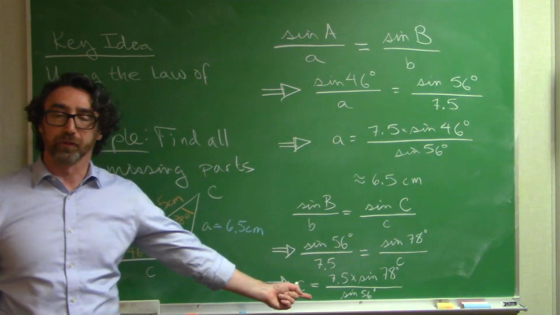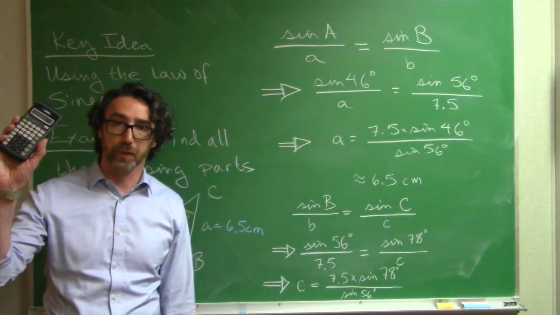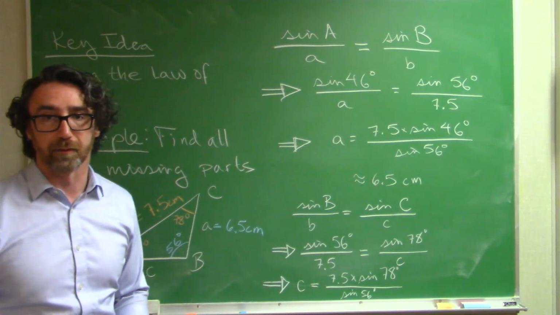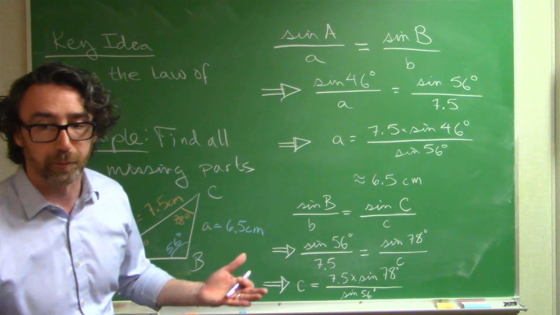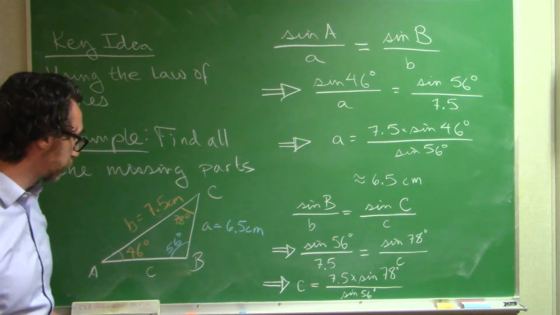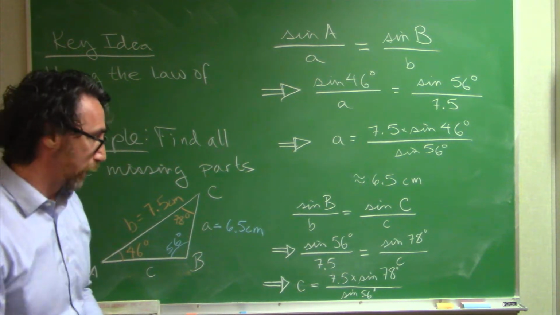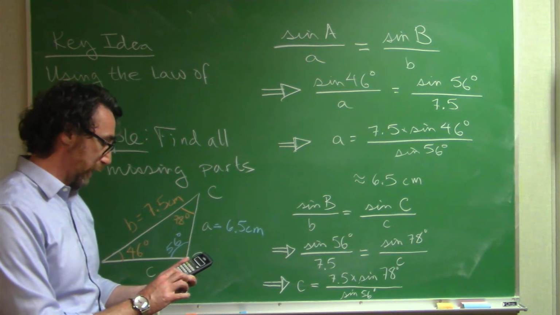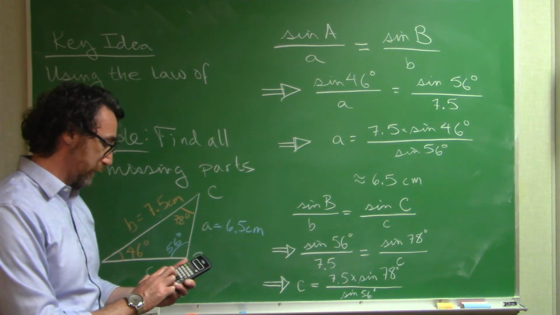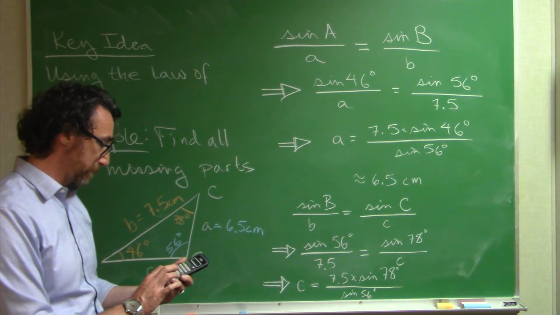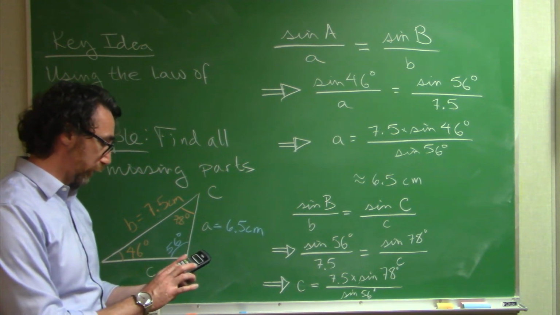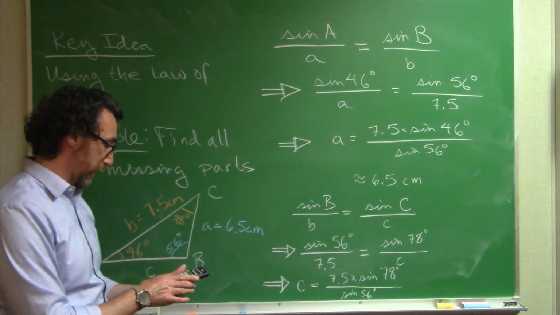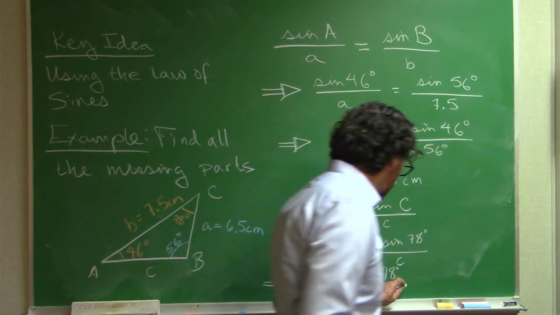And now that we've got this expression, we just crunch the numbers on our calculator and we figure out the length of side C. And then we've got all the parts. What the heck, let me just go ahead and finish it off for giggles. 7.5 times 78 sine equals, divided by 56 sine equals, okay, I'm getting 8.8 approximately.